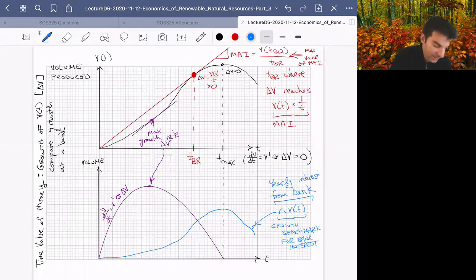And so what that tells me is, unfortunately, it's right at the biological rotation here, but maybe that ends up helping me.